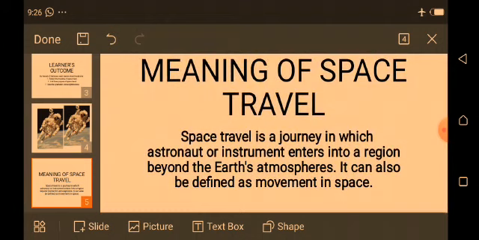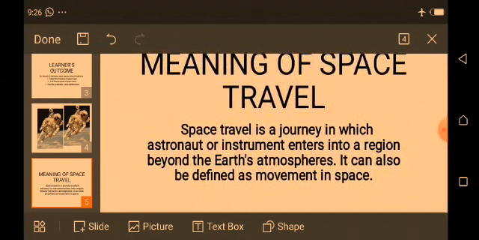But in the case of space travel, it is not like that. Just because of what they are putting on, that is the spacesuit, the clothes that help them to maintain their weight even in the air, they are not supposed to be pulled back to the ground. So it's a special journey. And an instrument can travel into it; if you just throw a stone up, it will definitely fall back.